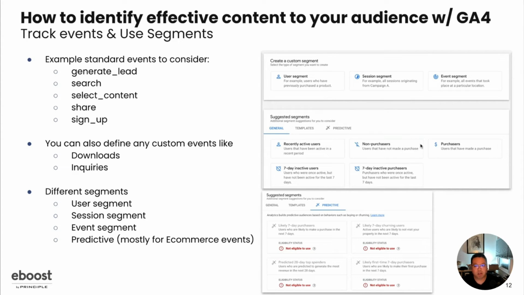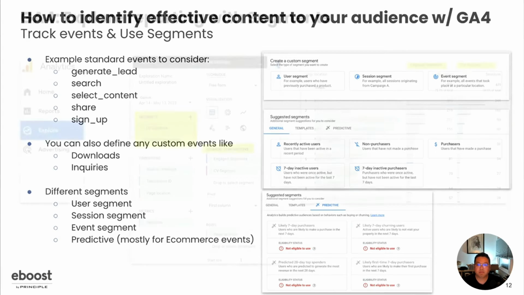But I wouldn't be surprised over time if they start adding more that's not e-commerce. But in order to activate this, you need a lot of data or a lot of conversions in a week. It's just good to know how Google has taken events as well as customer segments seriously, because there's a lot of good data that could be used. And by creating these segments, you can actually do a lot of good things with it.